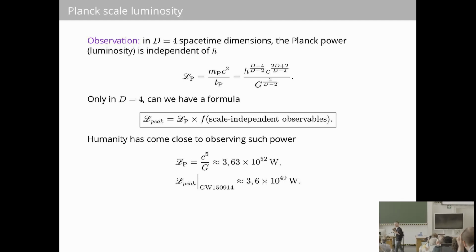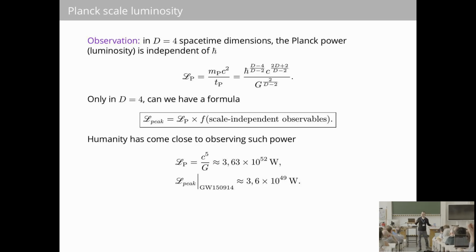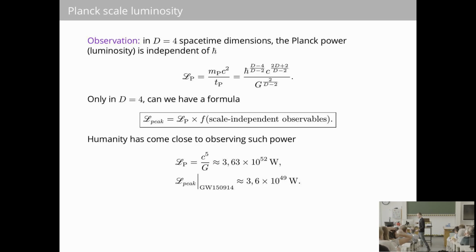But what happens in d equal 4 space-time dimensions alone, so 4 space-time dimensions are strangely special in that sense, is that the Planck power is actually independent of h bar. So it can already appear at the classical level.